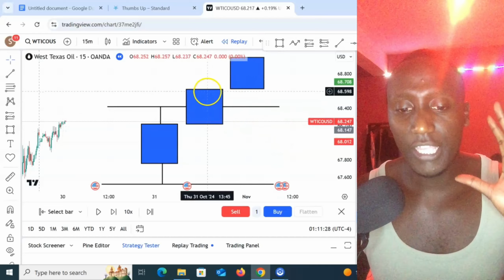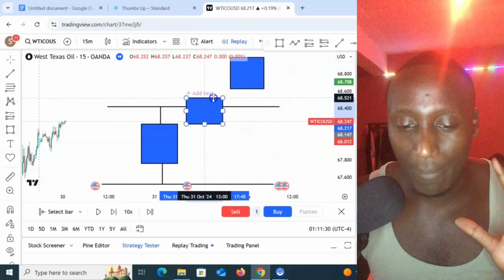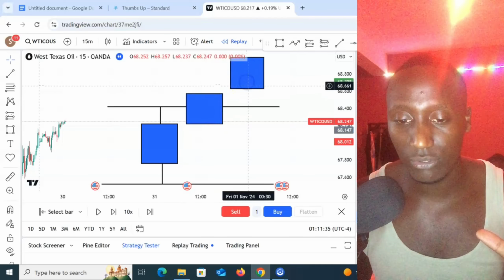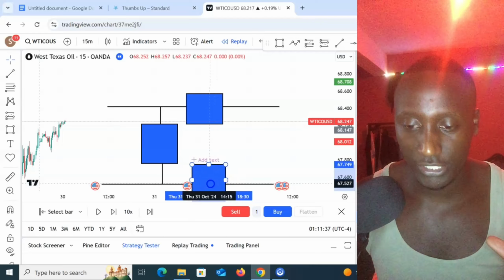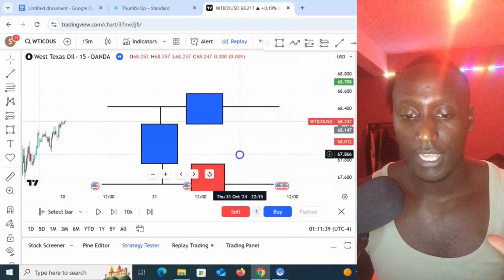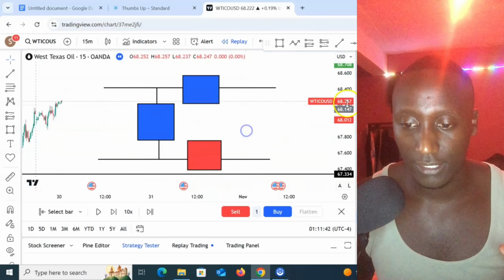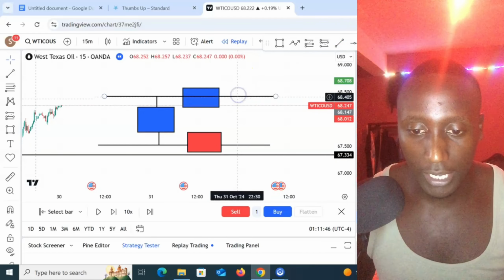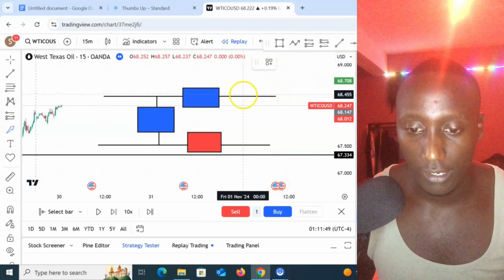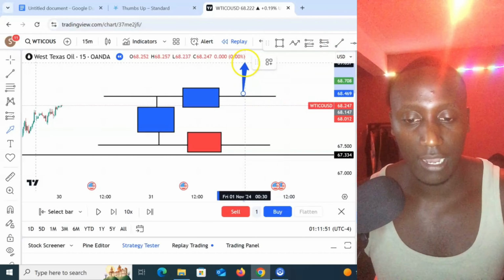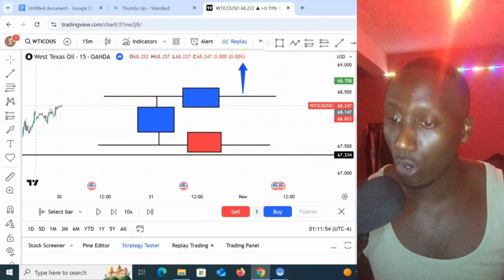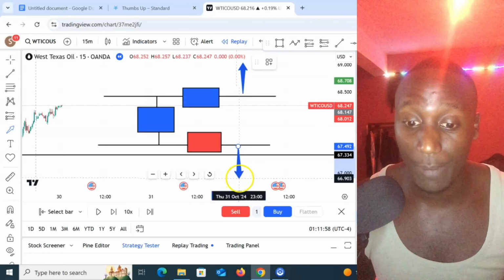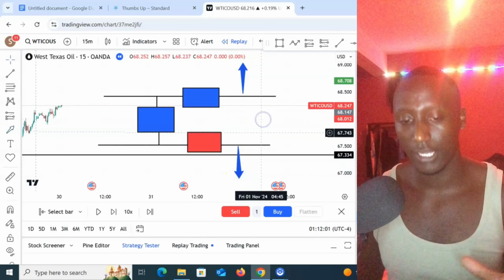So if we break and close above resistance, or even to the downside, which means it's a bearish candle, then we still have a very high probability of price either going up if it breaks out and closes above our resistance, or if we close below our support, then we have a high probability of going down.